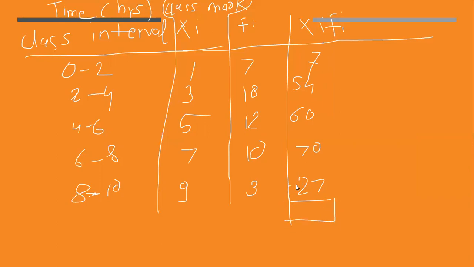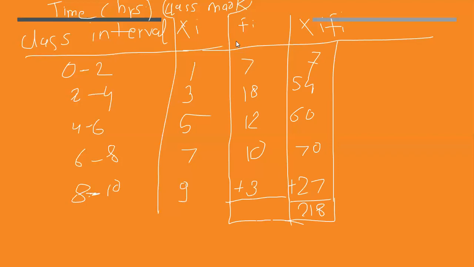So now we have to add these. First we will add this xi fi. So 7 plus 54 is 61, 61 plus 60 is 121, 121 plus 70 is 191, and 191 plus 27 is 218.